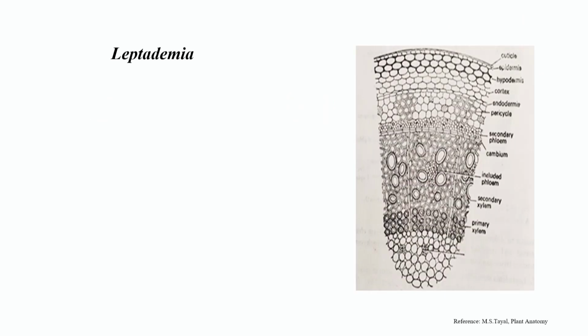Now in Leptadenia, just try to understand it with the diagram. Definitely an outer epidermis will be there.